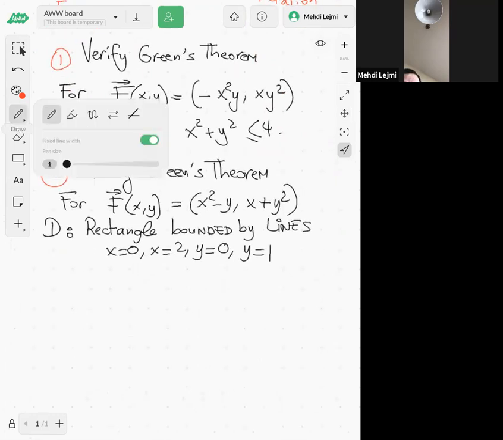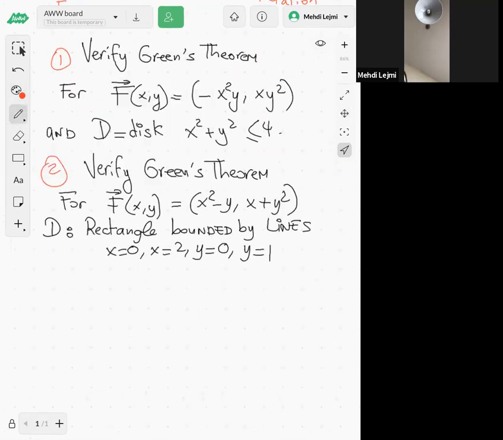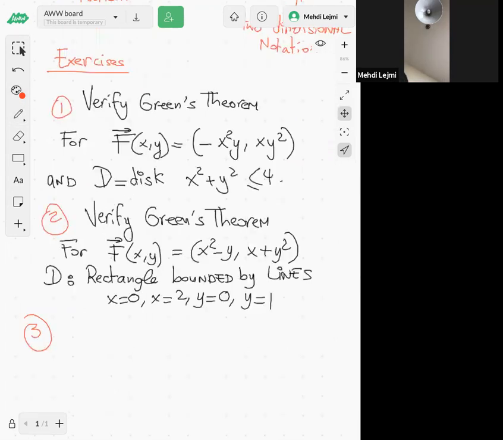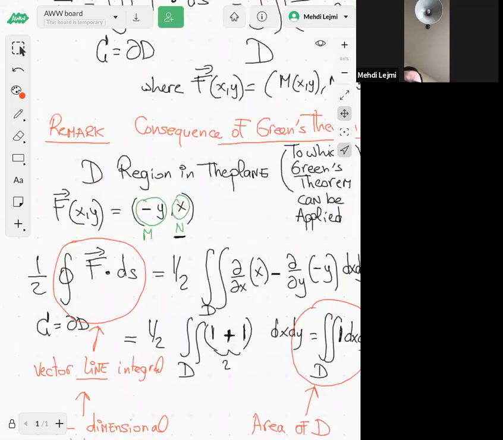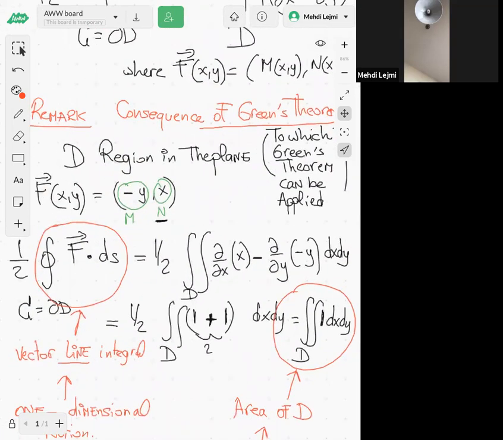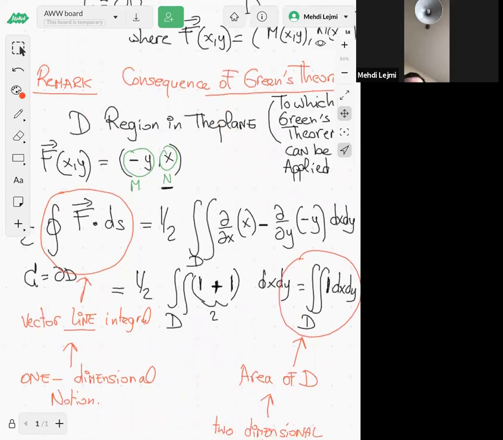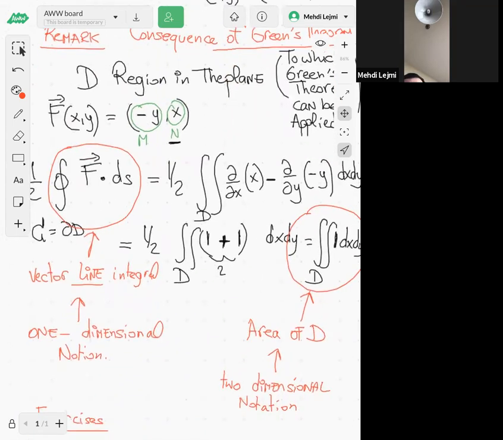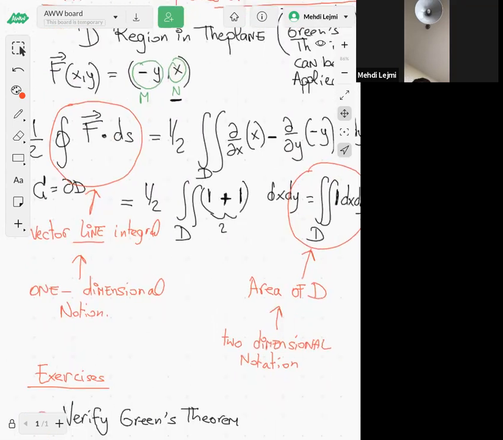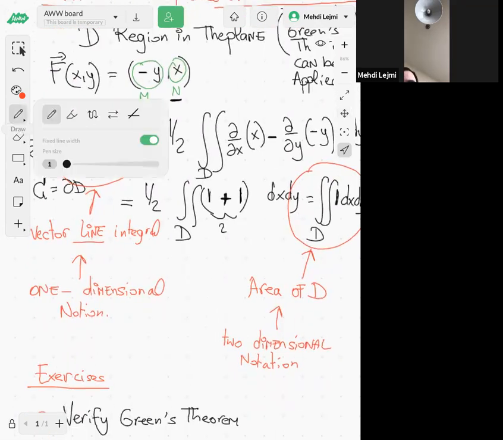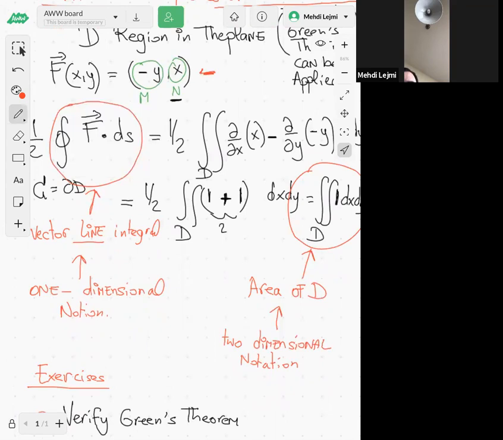Third problem, number 3. In this problem number 3, we're going to use this remark I made as a consequence of the Green's theorem. We said, as a consequence of Green's theorem, we can actually relate the area of your region D to this vector field.